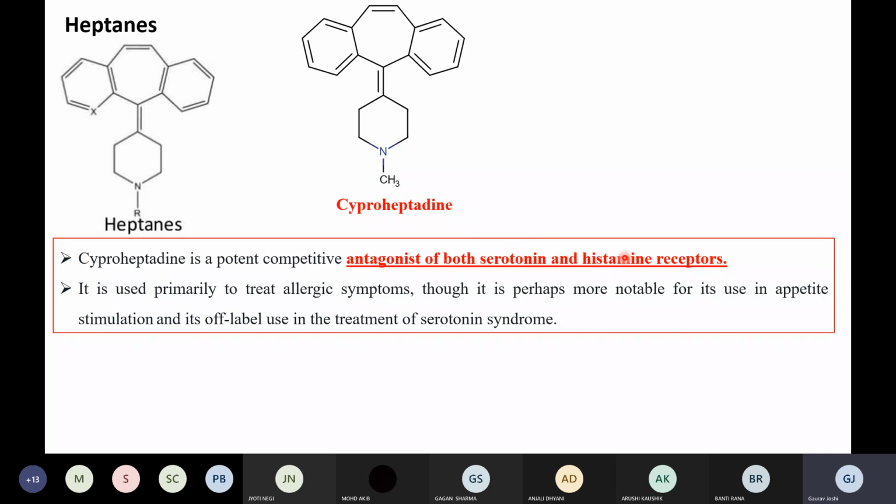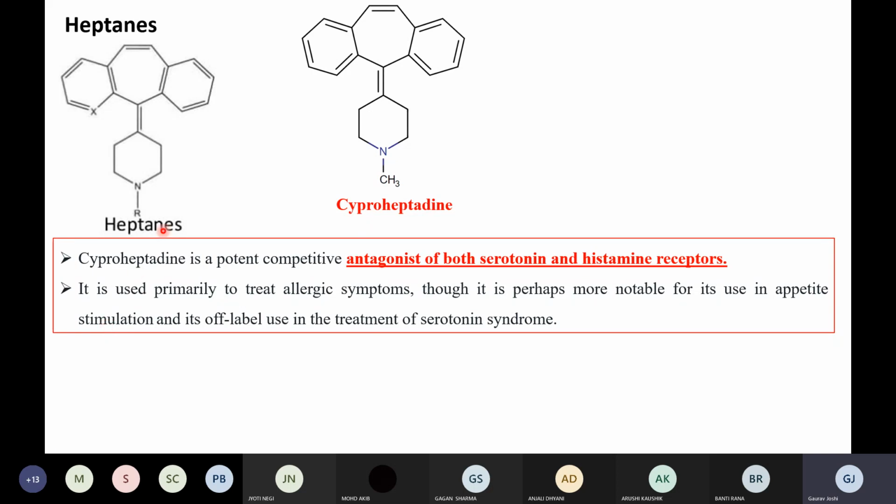So cyproheptadine is used to block both the serotonin and the histamine receptor. When it blocks the histamine receptor, it is used for its anti-allergic properties, and when it inhibits the serotonin receptor, it is used as an appetite stimulant or appetizer.